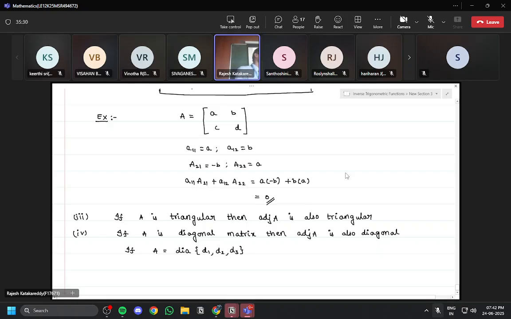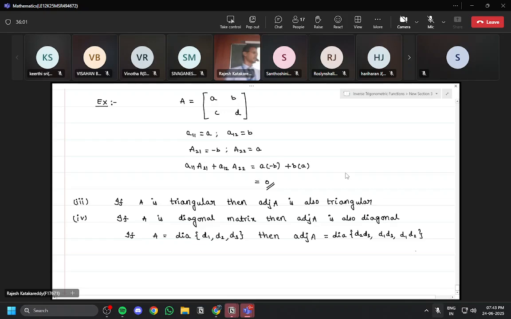DIA stands for just principal diagonal. Then adjoint of A must be equal to DIA, D2 D3, D1 D3, D1 D2. Very simple, only diagonal elements will be there. Deleting row and column, finding the determinant, product of D2 and D3, and so on. Clear? Any doubts in this?